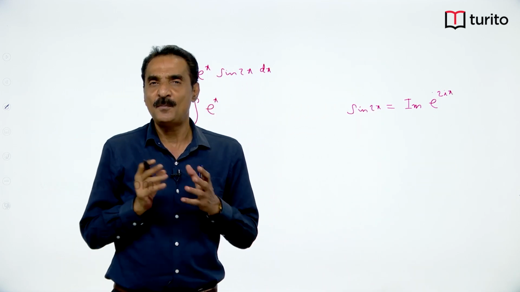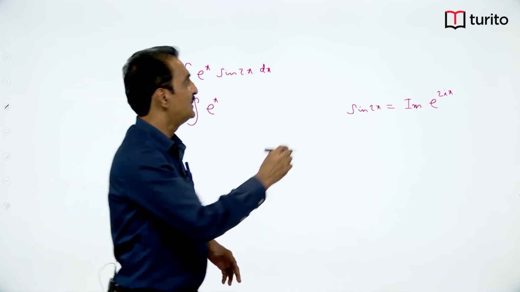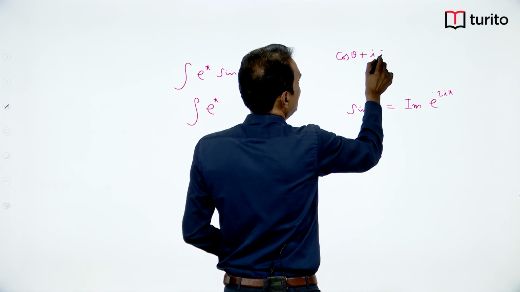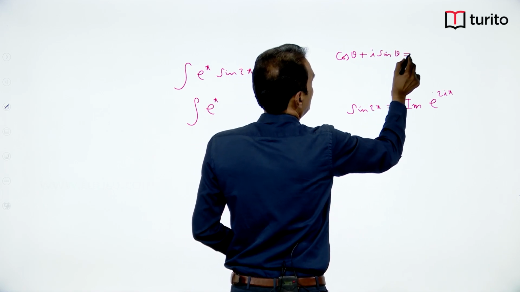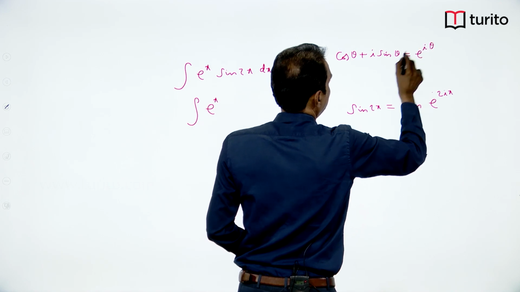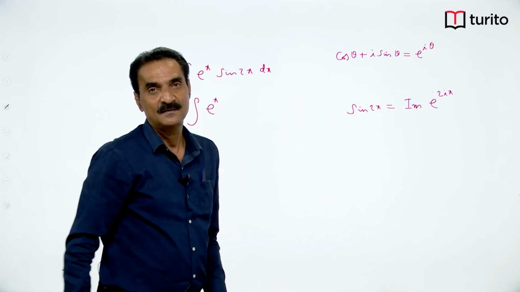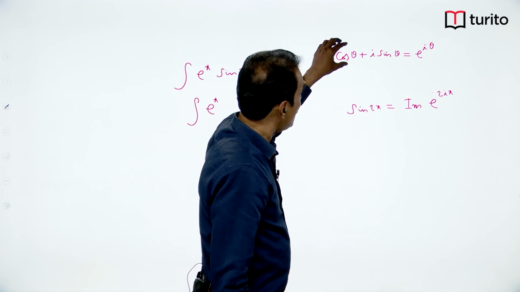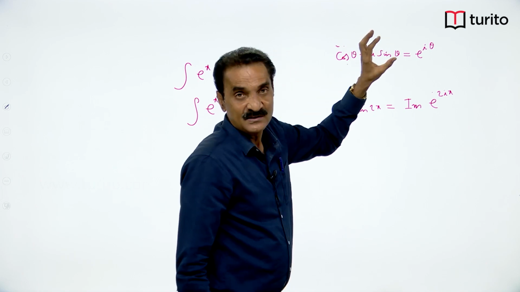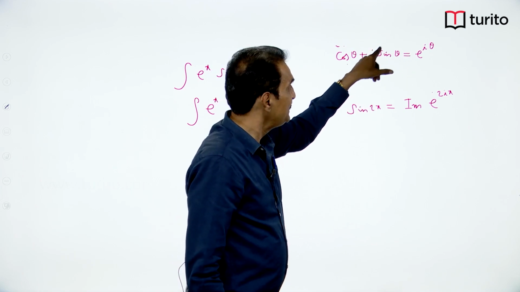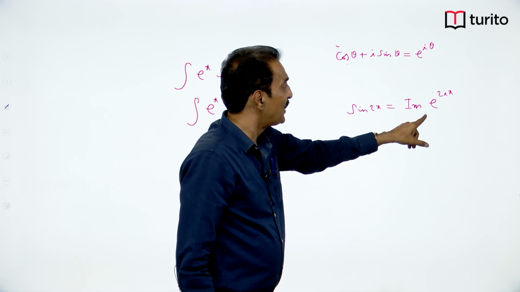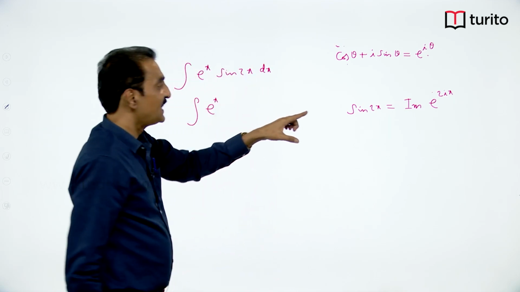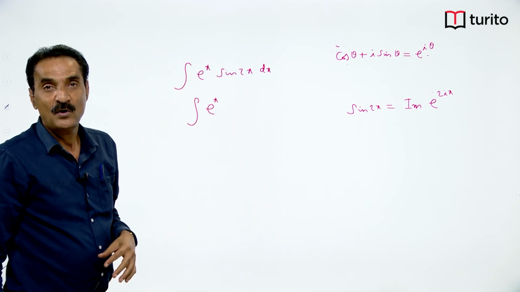Those who are familiar with complex numbers only can understand this method. In complex numbers, cos theta plus i sin theta can be written as e power i theta, where i is square root of minus 1. Cos theta is called the real part, sin theta is called the imaginary part. So sin theta can be written as the imaginary part of e power i theta. So I will write sin 2x as the imaginary part of e power 2ix.